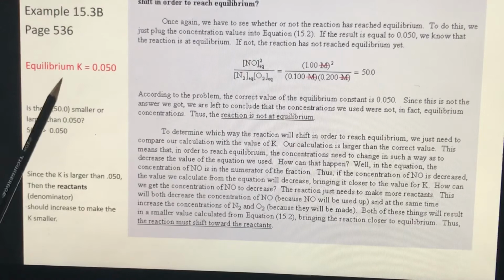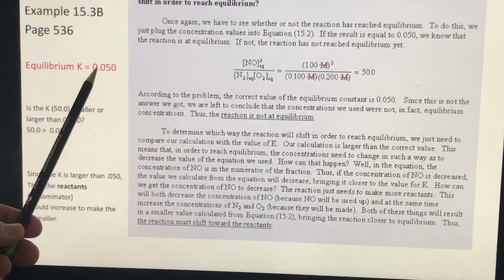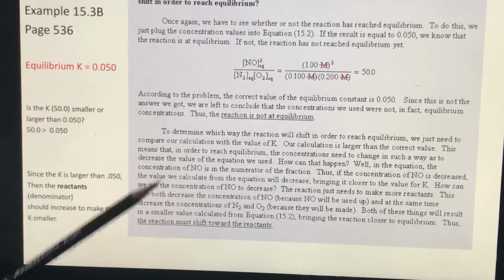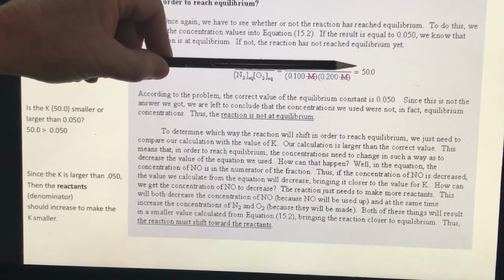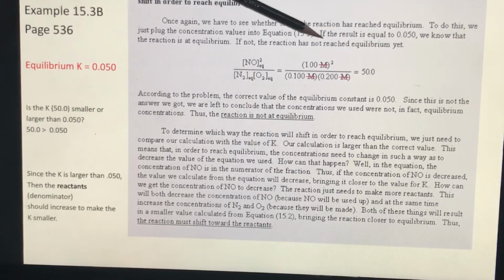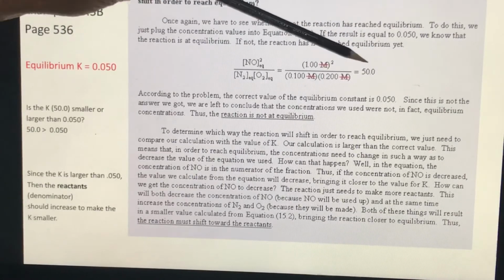So the question is, again, is the one that we reached here, 50.0, smaller or larger than the one that was given for the equilibrium, the 0.05? So clearly we know the 50 is greater than the 0.05. So now we know that in order for this situation to reach equilibrium, this would have to be reduced. We'd have to lower the 50 down to 0.05. And the question is, what would need to happen in order for that to be reduced?